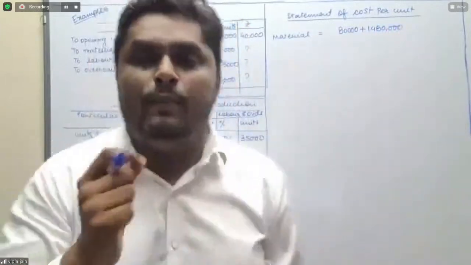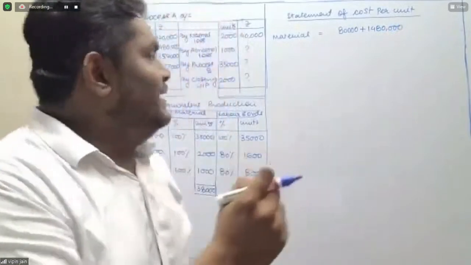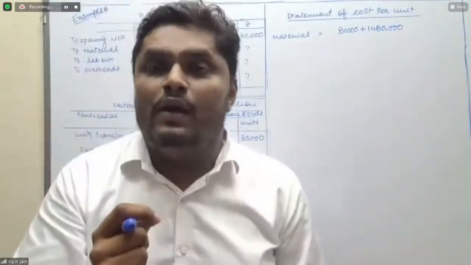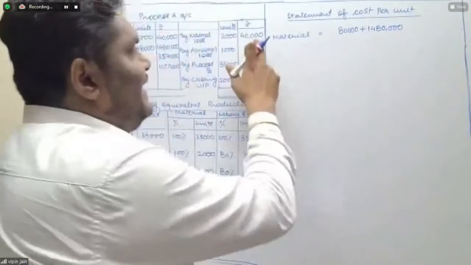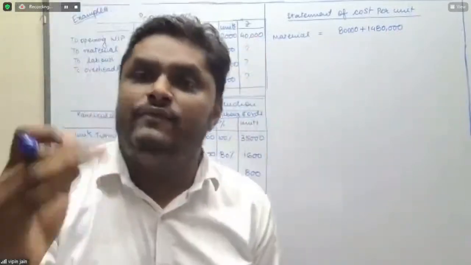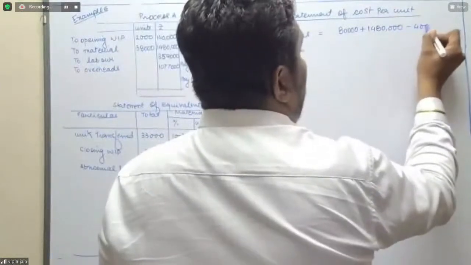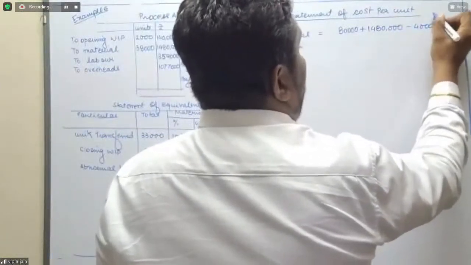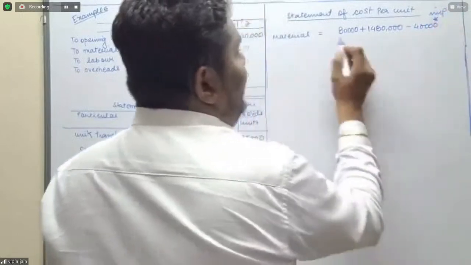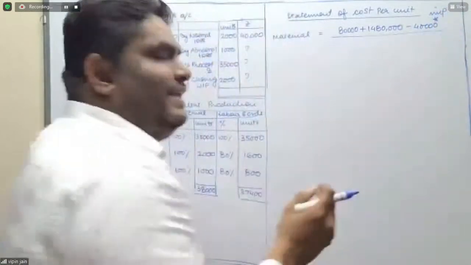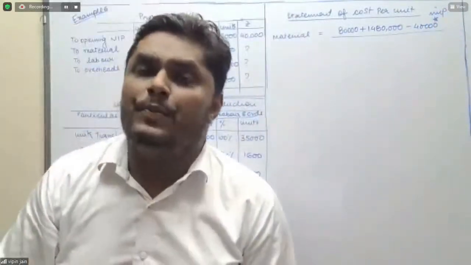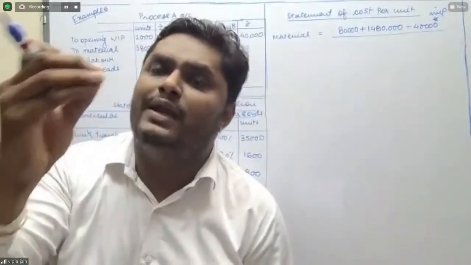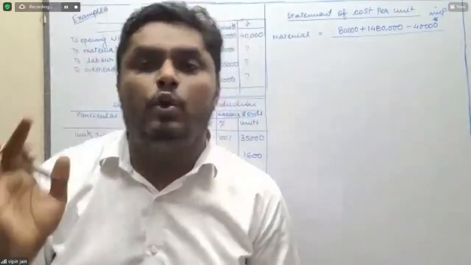Now, very important point, guys. Since in this question there is normal loss, whatever the scrap value realized, that is 40,000, will be deducted from the material cost. Don't forget, guys, whatever scrap value was realized, in the normal process account we used to deduct it from the total cost.